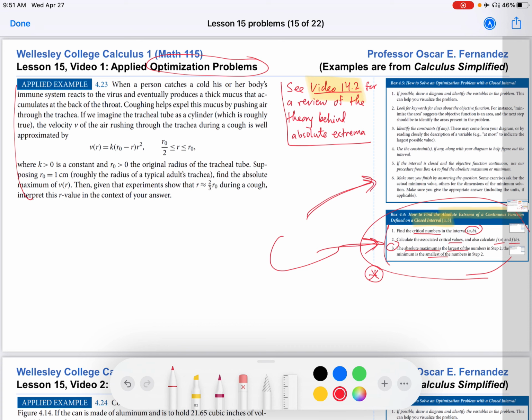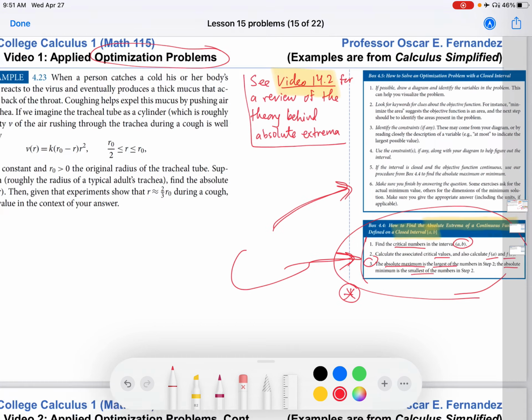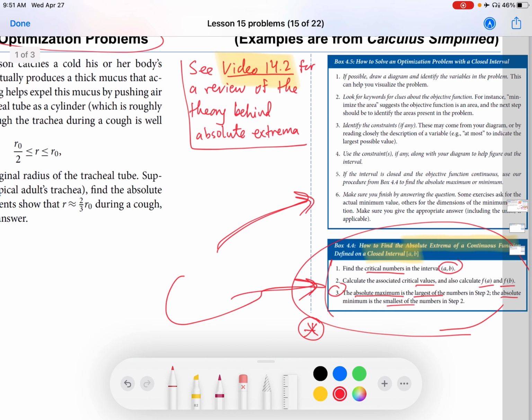So what is this other box up here? Well, this is box 4.5, right? So this one comes after the one I just discussed. And this box is something that I'll talk more about in the next videos. This is a longer procedure for solving an optimization problem, again with a closed interval.